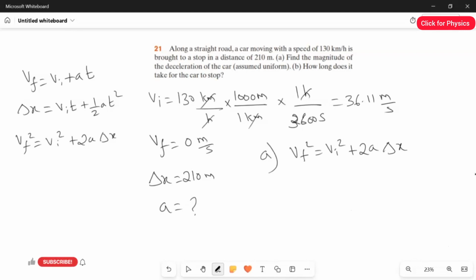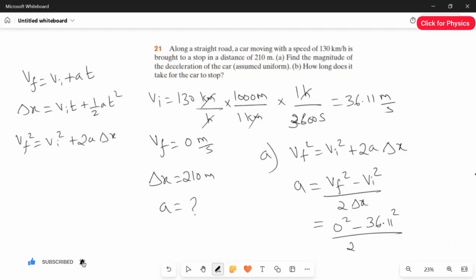So we have to rearrange this equation in terms of a. So a equal to v final square minus v initial square divided by 2 into delta x. Now I'm going to substitute the values. The final speed is 0 square, minus the initial speed 36.11 square, divided by 2 into 210.